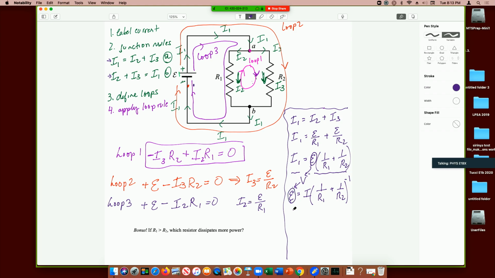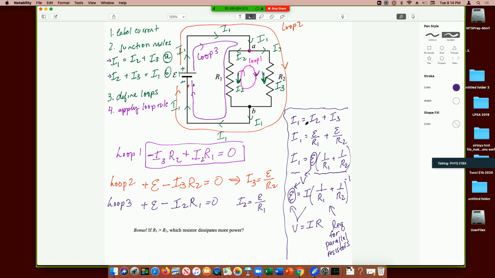And all this just to show you that this is Ohm's law, V equals IR, and this is the REQ for resistors in parallel.